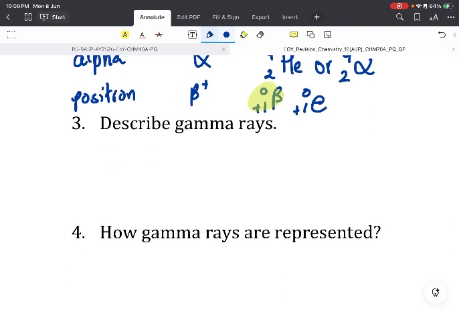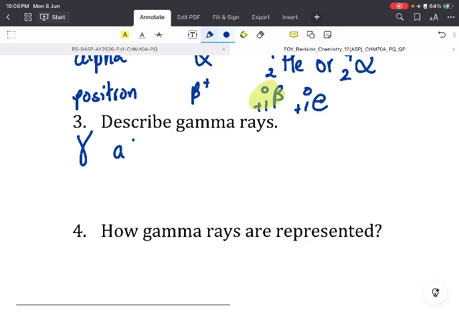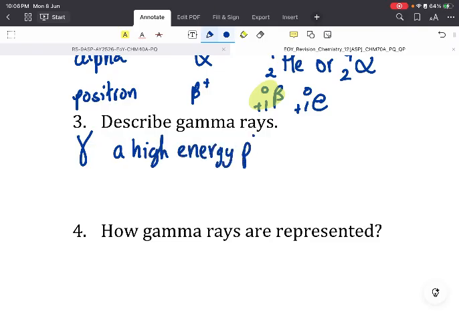Now, another question asking to describe gamma rays. Gamma rays, that's gamma, it's a gamma radiation, and it consists of high energy photons. It's an electromagnetic radiation of a very short wavelength. So I'm going to write this one over here. It's a high energy photon particle.